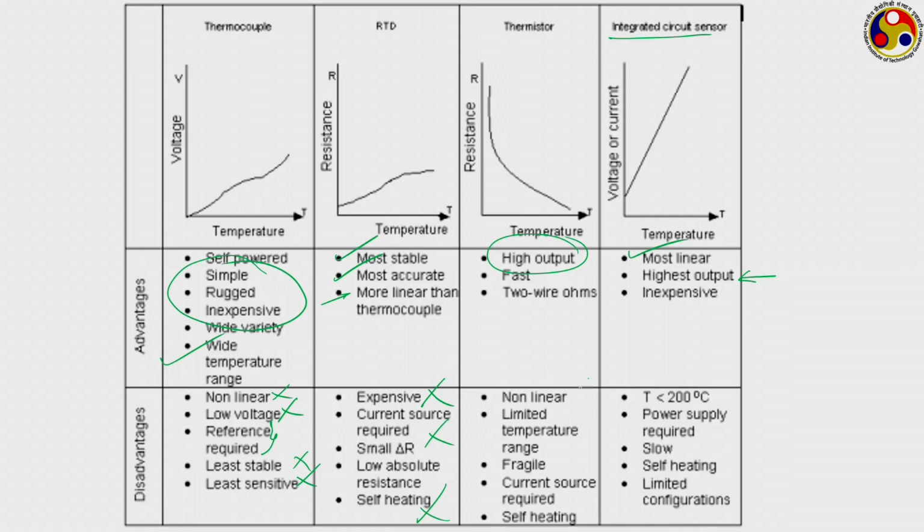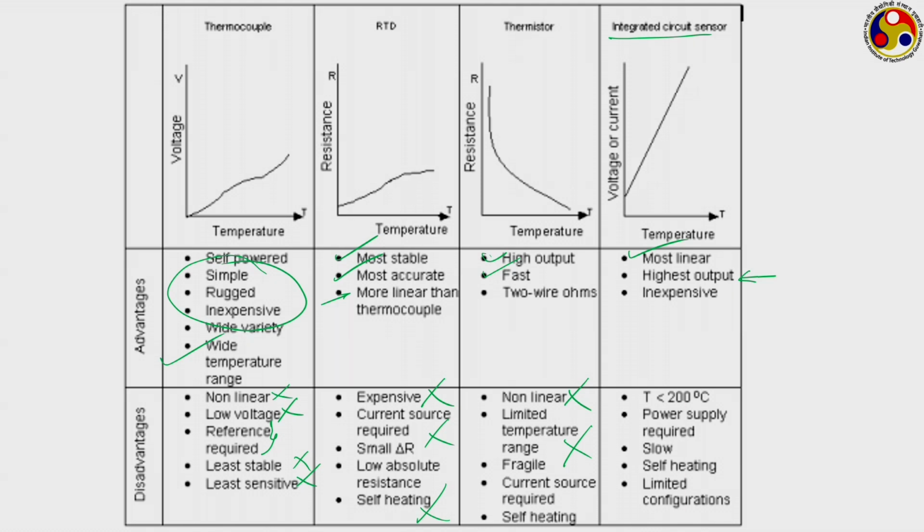For thermistors, the problems are the non-linearity in the output, the limited temperature range, their fragile nature, and self-heating issues quite similar to RTDs. But their advantages are high output and extremely fast response, particularly if you want to use them in feedback circuits or temperature control applications. Thermistors can be a very good option.